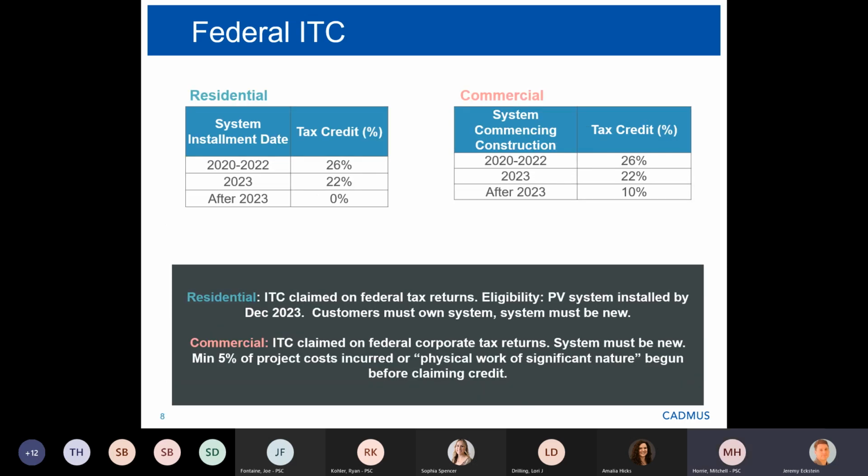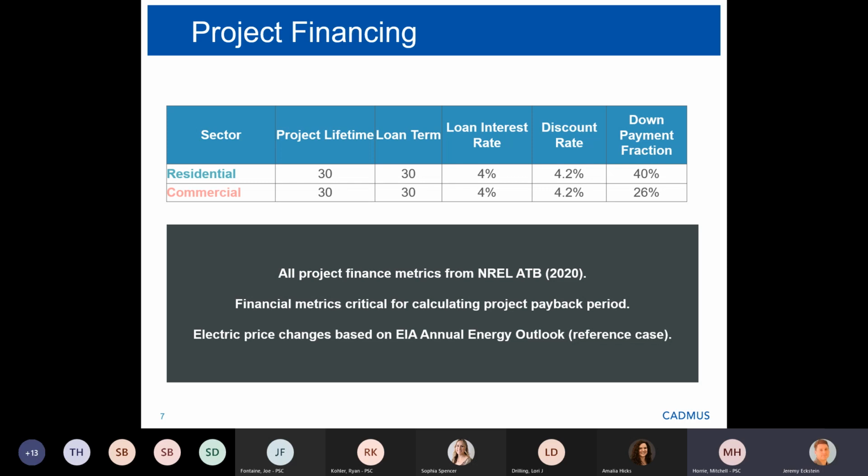Hey, Jeremy, this is Mitch. Can I ask a question real quick or just make a clarifying point? Please. I just want to make sure that everyone knows what you're reviewing here and why. Can you confirm that these are what you're looking at as baseline input assumptions, a baseline type of condition?